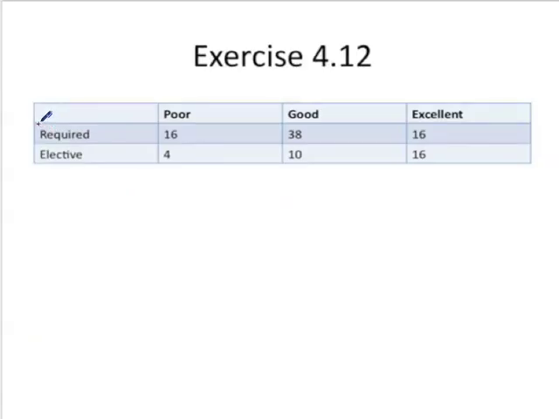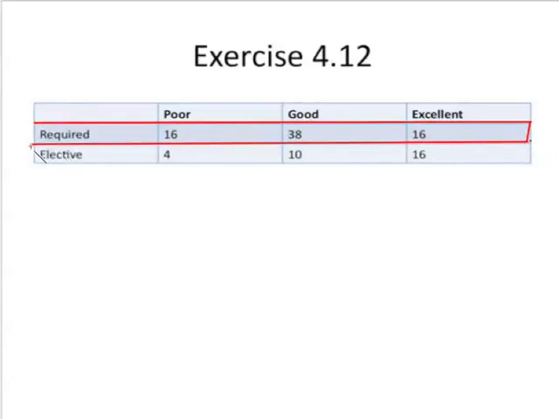So that's telling us that we're stuck in the rows, okay? So for example, this row right here would be one of the 2 rows. So given that the course is required, what percentage of the students found it poor, good, or excellent?